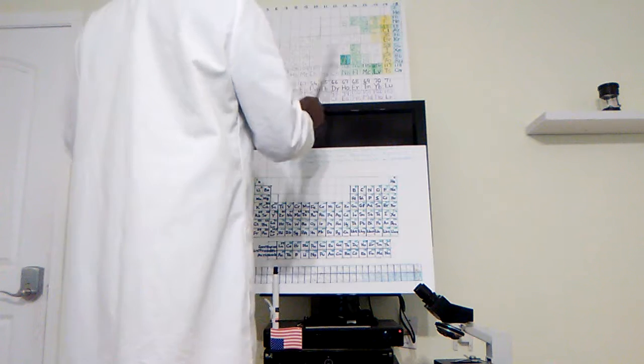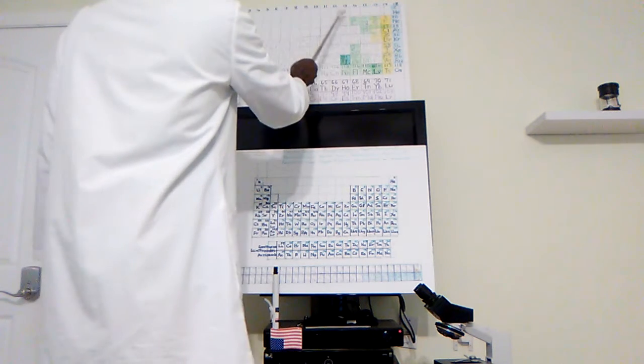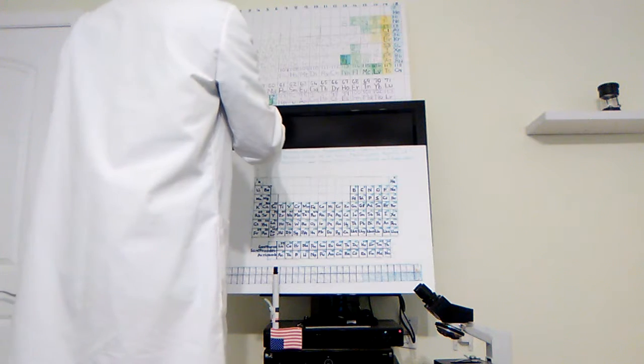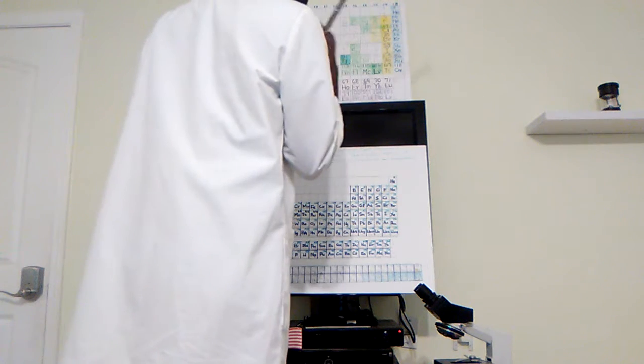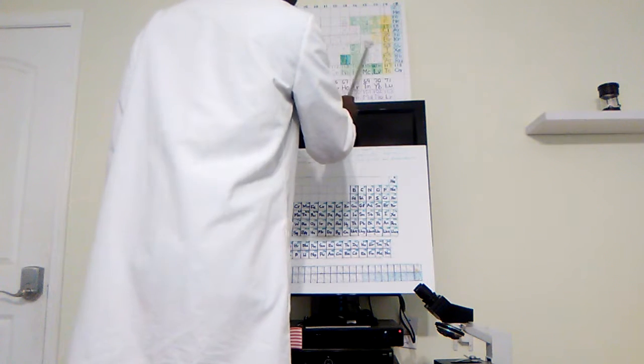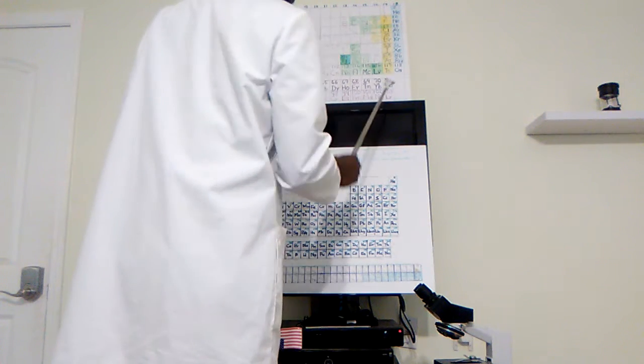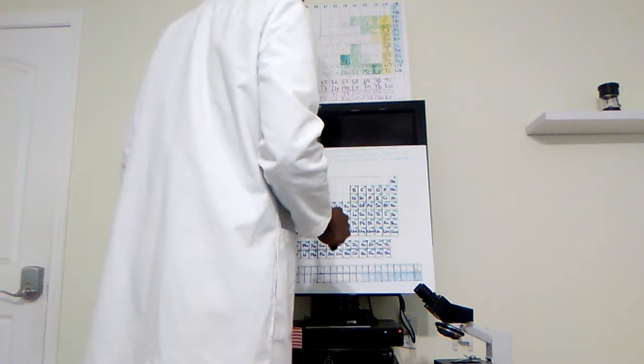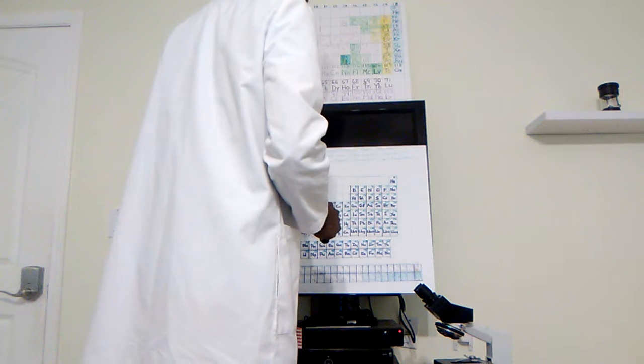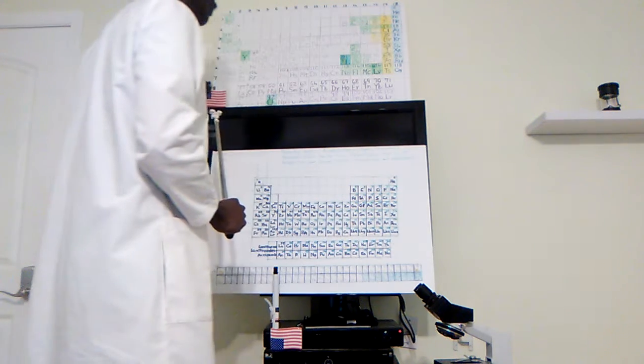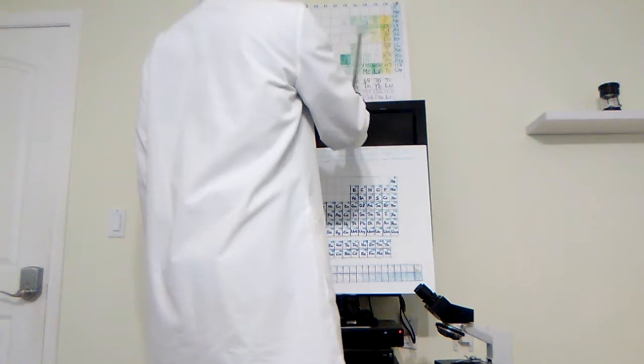But as a rule, to the left of this diagonal line would be metals, and to the right non-metals. Also, some of the elements in the band of the line here are in between metals and non-metals, and they are called semiconductors or semi-metals, having properties of both metals and non-metals. And a special group here, group 18, is the noble gases.